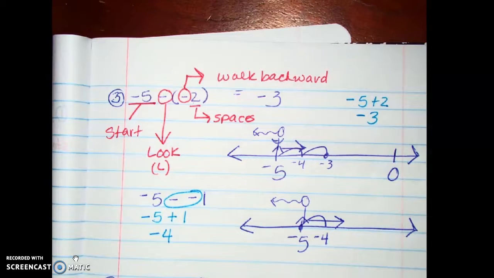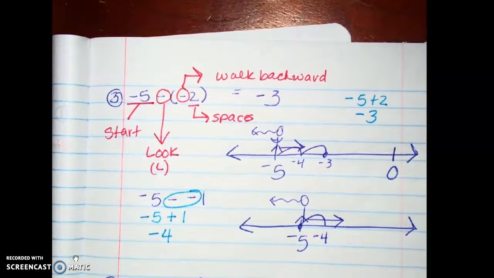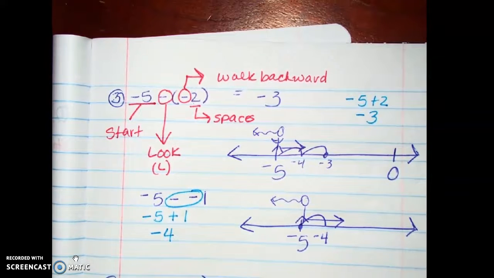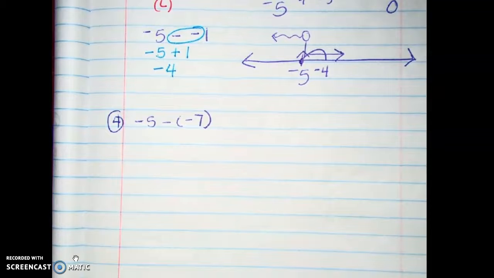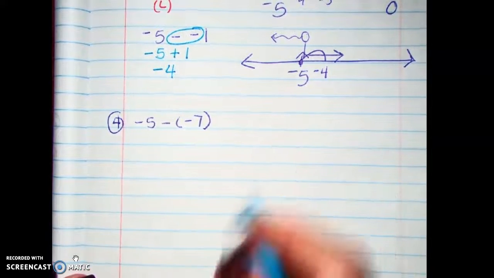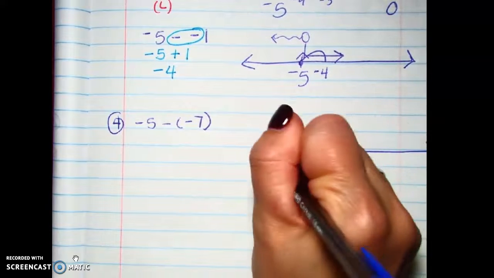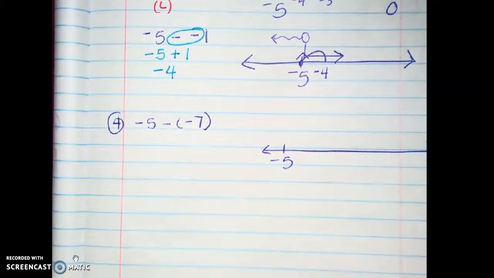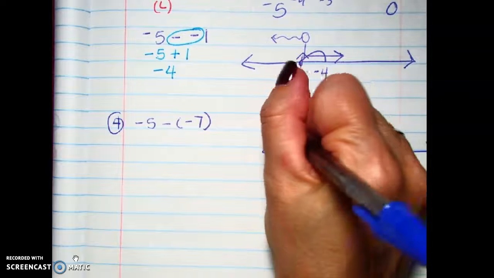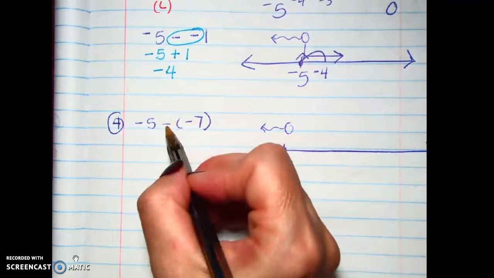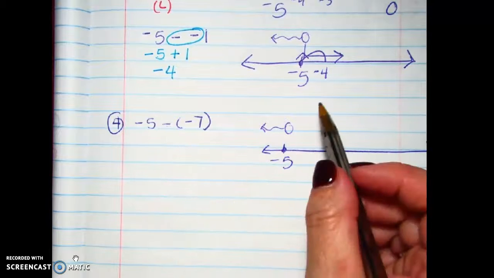Okay. What if we have a number where the negative is larger than the first number? Well, that's what I'm working on here. Okay, so let's look at our number line. I have a -5, right? And I start here. I'm looking this way because that's what the subtraction is, looking to the left.